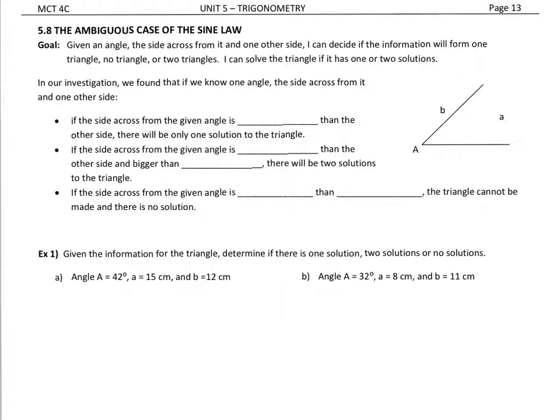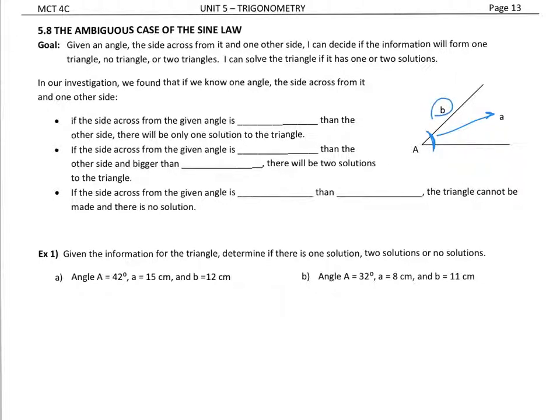From our investigation, we found that if we know one angle, the side across from it, and one other side, as in my diagram here, we have the potential for this ambiguous case to happen.